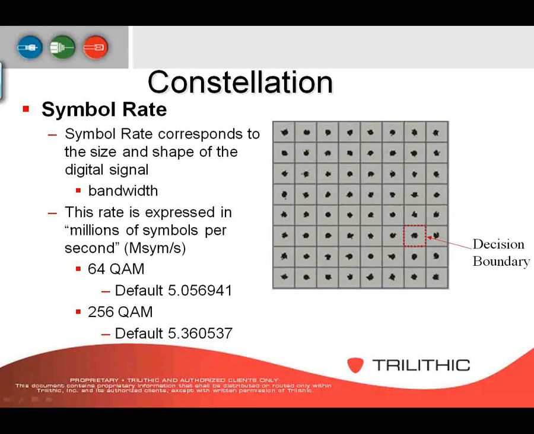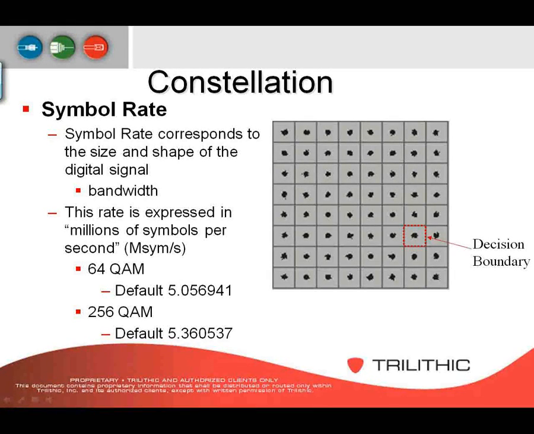Now there's what's called symbol rates. You'll see that when you look at your digital meter or your digital analyzer, you'll see a symbol rate. The symbol rate corresponds to the size and shape, or the bandwidth, of the digital signal. The rate itself is expressed in millions of symbols per second.